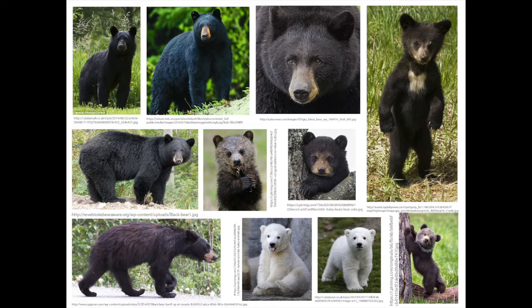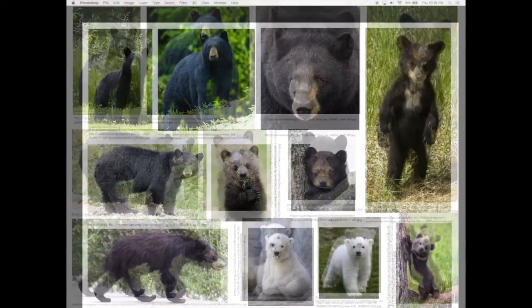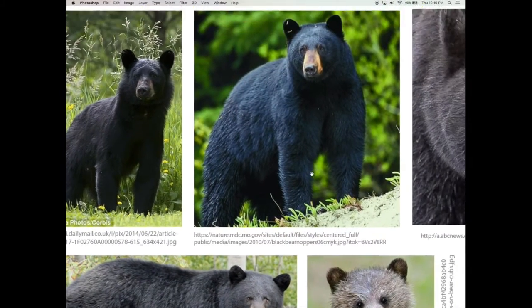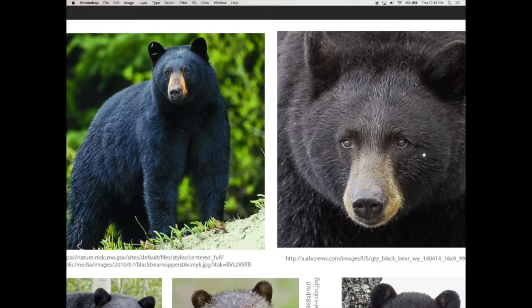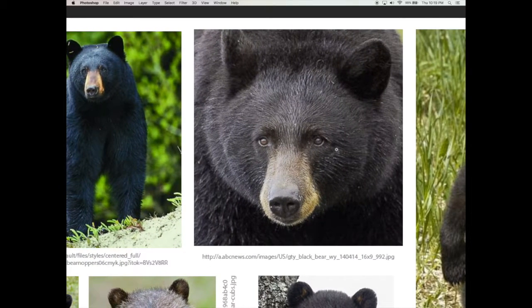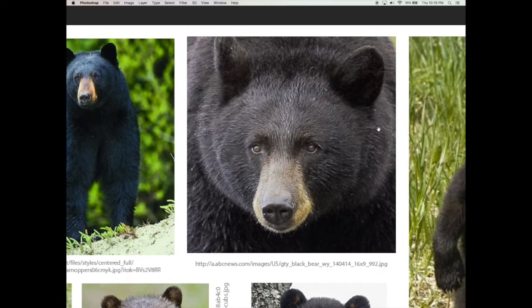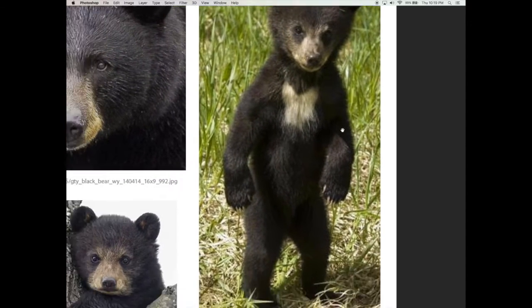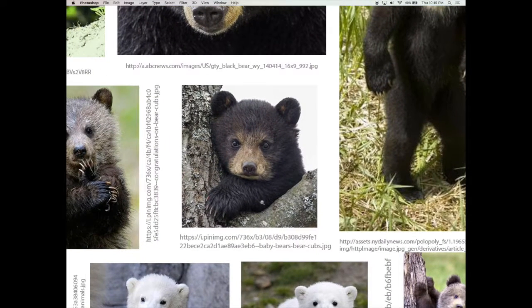In addition to looking up bear references, I also tried to look up cub references, since we do have a baby bear. And I've thrown in a few images of polar bears, but why not? This is so much fun to research for me personally, because bears are incredibly cute, and baby bears, especially baby polar bears, are extremely cute.